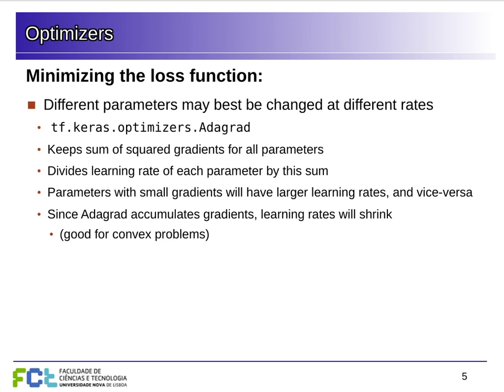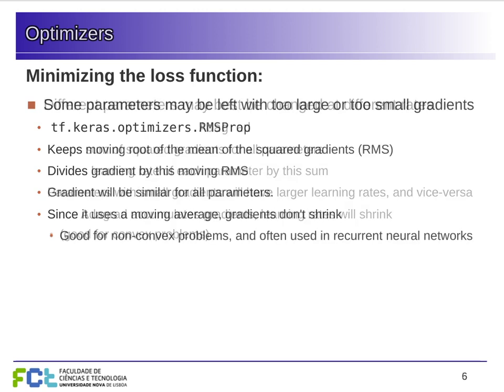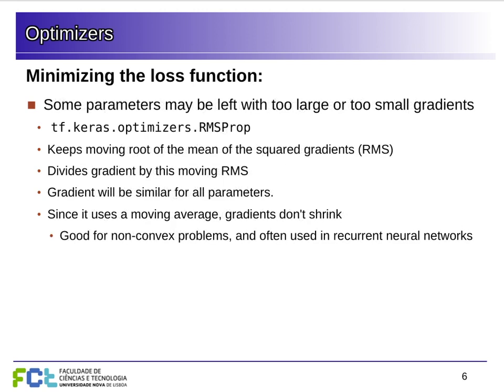However, it's often the case that we are using neural networks for problems that are not convex. So they have strange shapes, and it may not be a good idea to keep shrinking the learning rate in this way. So there is this alternative, RMSprop. This is actually a very famous optimization algorithm for never having been officially published.